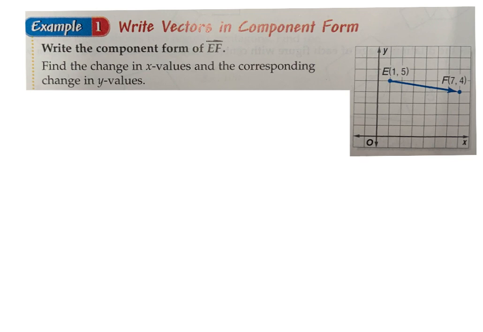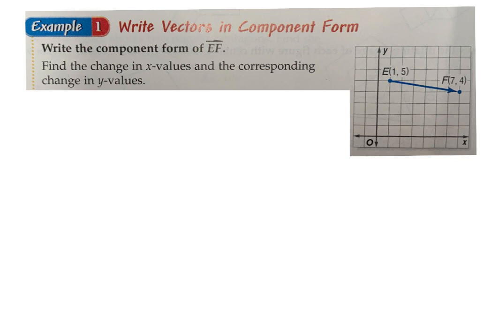So order matters. We're talking about not just length here. If it were length, as in my distance formula, it wouldn't matter which one's the first point and which one's the last point, because when I subtract and square it, it's all the same thing. But since direction matters with a vector, you literally have a starting value, E, and an ending value, F.